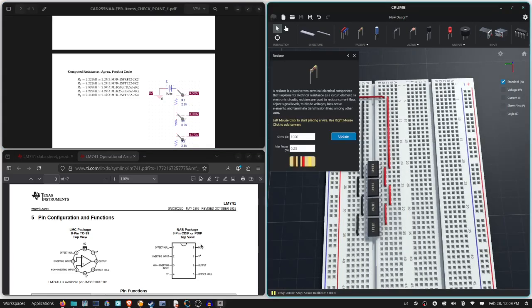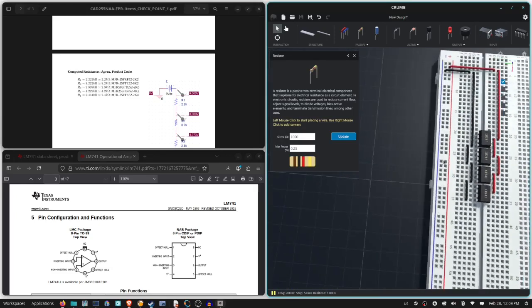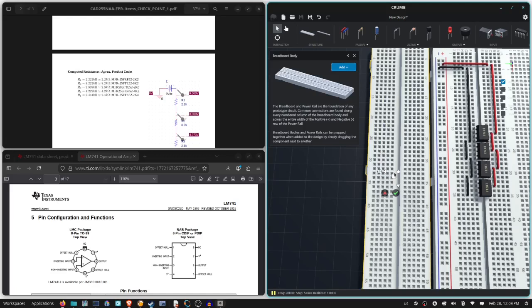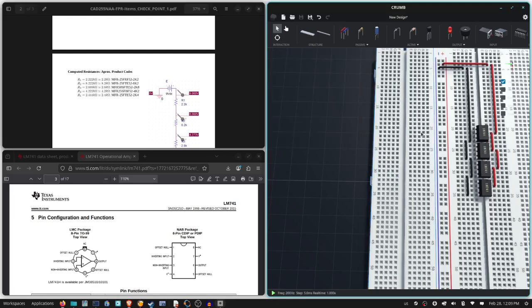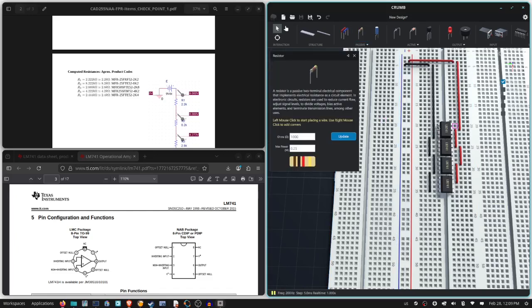And the inverting input is actually on the left side, so I'm going to put down another breadboard over here and make my voltage division on this side, at pin 2. So I'm just going to line things up.